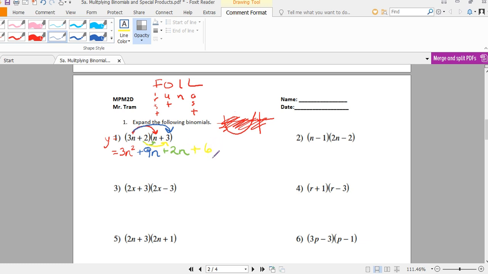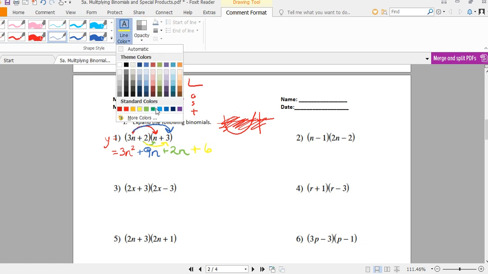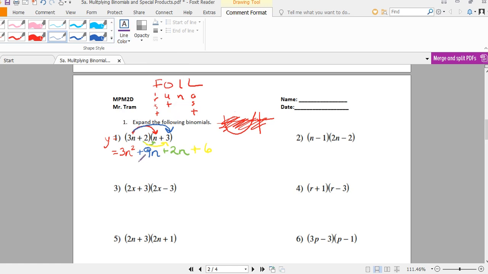Okay, and then from here we can collect like terms. Now, collecting like terms, I'll use purple. So 3n squared. Is there an n squared anywhere else? No, there isn't. 3n squared. 9n plus 2n. So these two added together, because they're both n's, will give you plus 11n. And then the 6 on its own, plus 6.